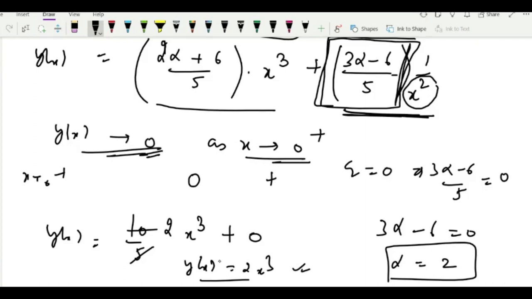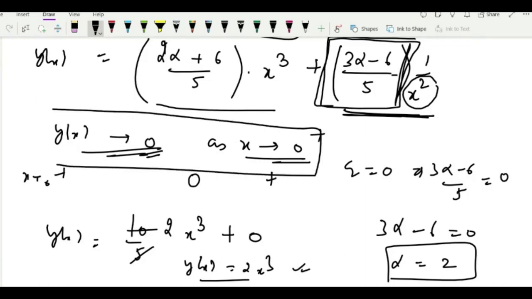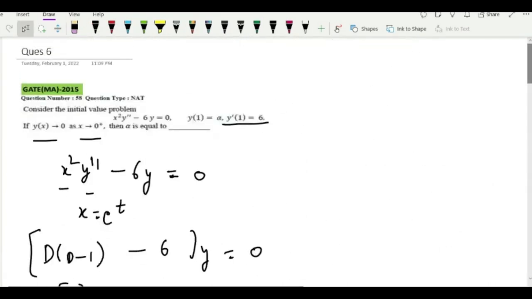So for making this condition possible, we have to take C2 equal to 0. This part must be 0. By substituting 3 alpha minus 6 is equal to 0, we get the value of alpha. And the question also requires the value of alpha. So this is the required solution. These all are questions from previous years, and there are many other questions on this topic.